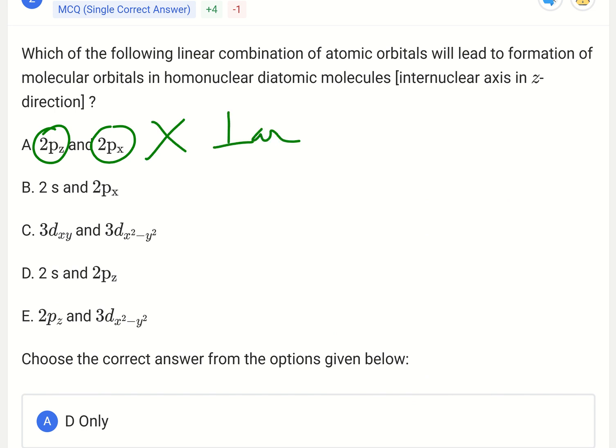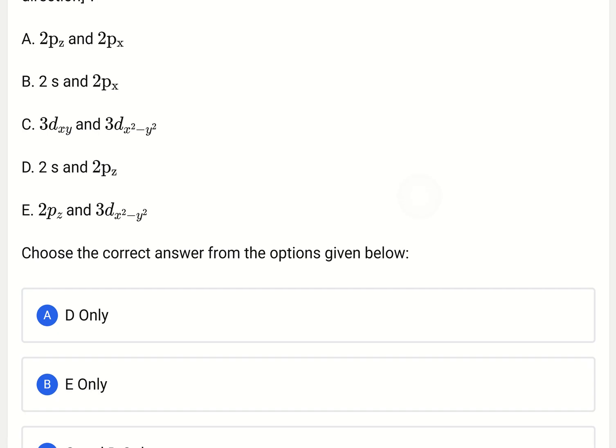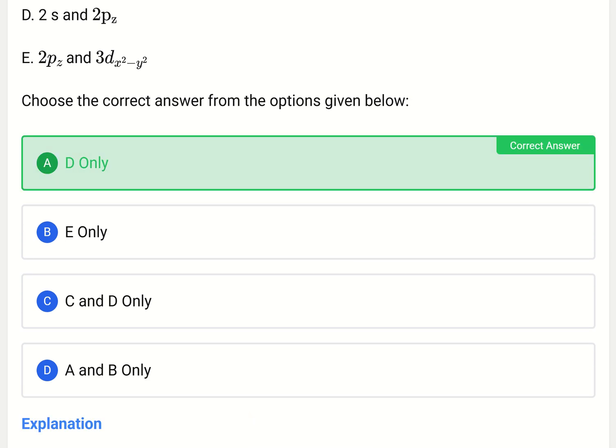Because they are perpendicular to each other. 2s, 2px: 2s is spherical in shape and 2px is again perpendicular, not our option. 3dxy, this is never gonna form, they are perpendicular. 2s and 2pz, yes, they lie in the same plane because 2s is spherical and this is our option. This is not again our option. So in the options, let me check, I got only D. Option number 1, no need to check any other option. Yes, we got this answer, right answer.